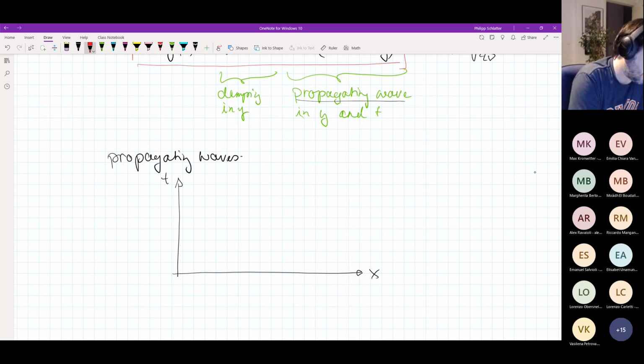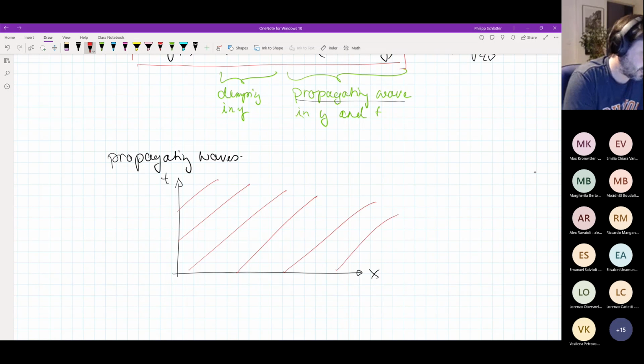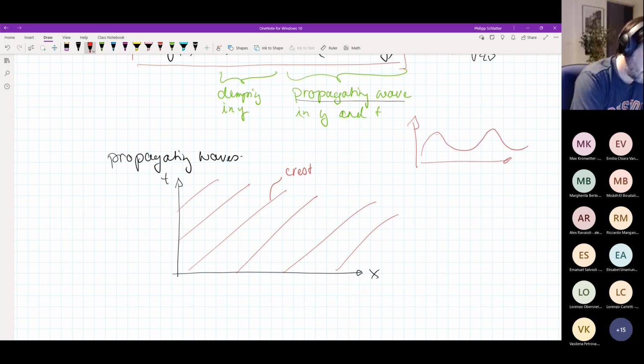And I would now say, okay, I have waves, which I show here with these red lines, and these red lines would actually correspond to wave crests. So if this is a wave, this would be the wave crests, where you have the maxima.